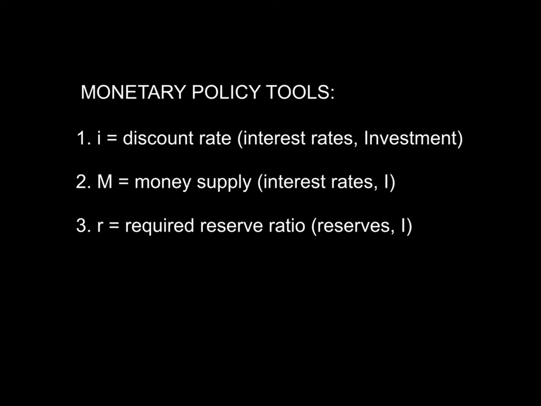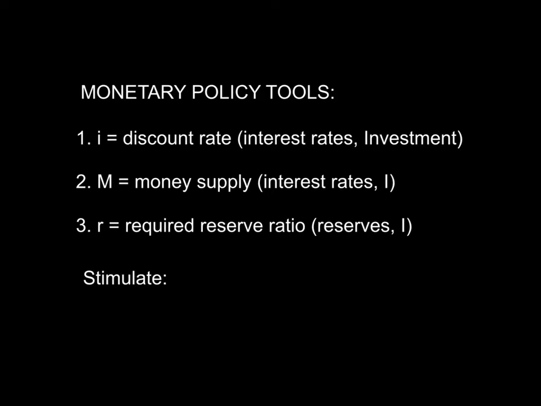I have put these in the order that they typically are used. In the modern era, the discount rate is the most common monetary policy tool, followed by the money supply, and required reserve ratios are not a typical tool, although that is an available tool.